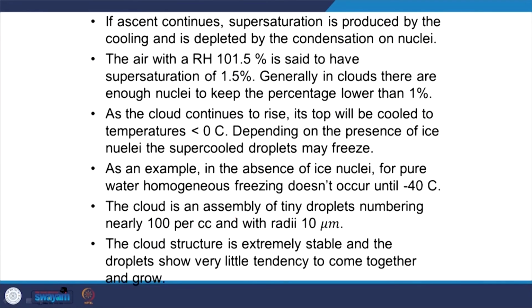Now, if the ascent continues as it is, the supersaturation is produced by the cooling and is depleted by the condensation on nuclei, right. The air with a relative humidity of, let us say, 101.5% is said to have a supersaturation of 1.5%. Generally, in the clouds, there are enough nuclei to keep this percentage lower than 1%.